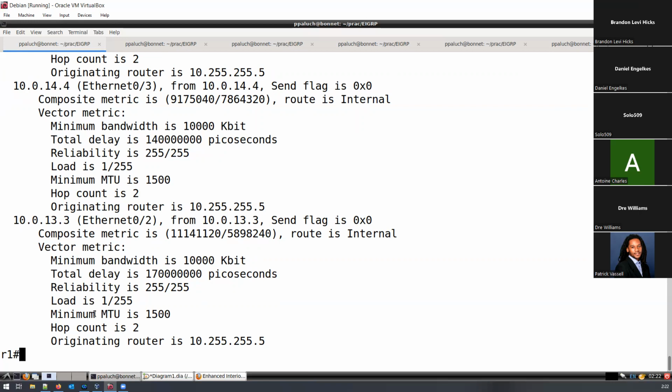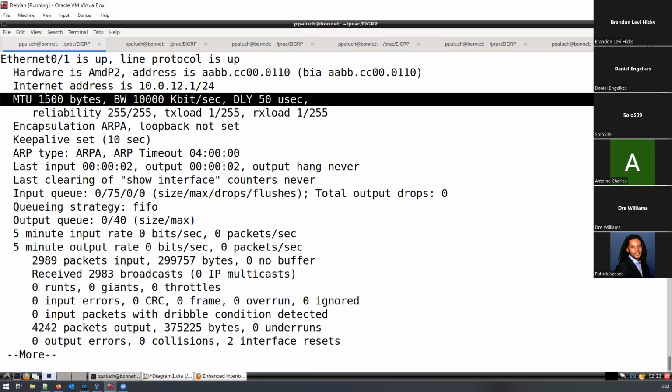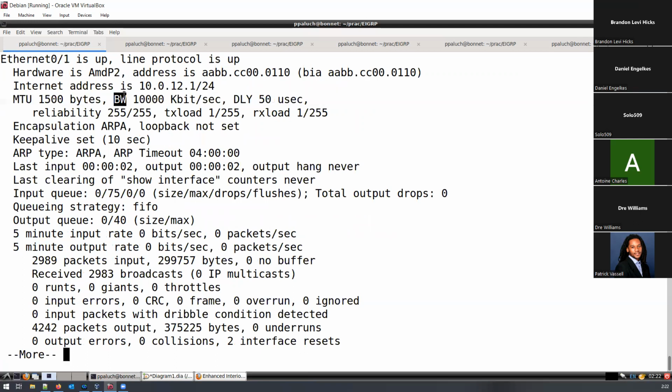And just to conclude a thought here, if I pull out the interface data counters with show interface, for example, E0/1, those values are here. This is the MTU, this is the bandwidth, this is the delay, reliability, and load, which IOS really splits into transmit load and receive load.